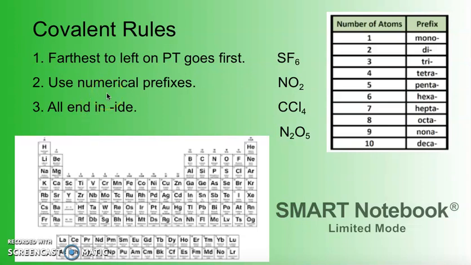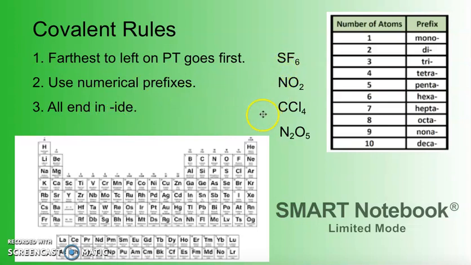Number 2, you use numerical prefixes. I have numerical prefixes that you probably have heard over here. Number 1 is mono, 2 is di, 3 is tri, tetra, penta, and so on. So here's what this looks like when you have the farthest to the left goes first, use numerical prefixes, and ends in -ide. So let's take this.